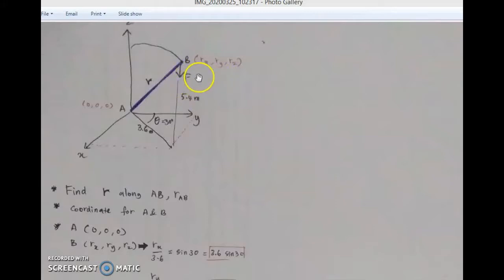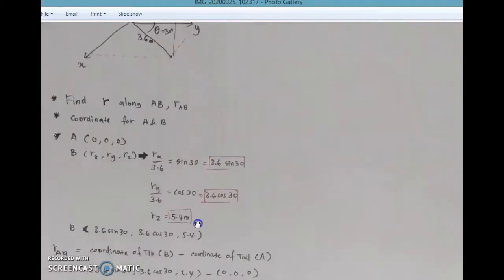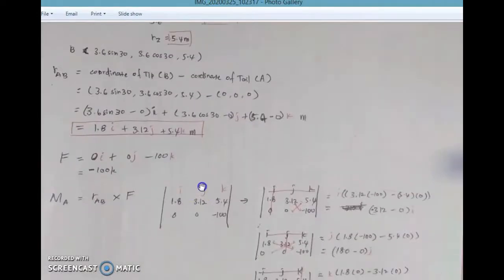Because it lies on the z-axis, the component of this force in Cartesian vector form is only in the K component. Because it is downward, the direction is negative. So F in Cartesian vector is equal to negative 100K. In the components of x and y there is no value, so it is 0.